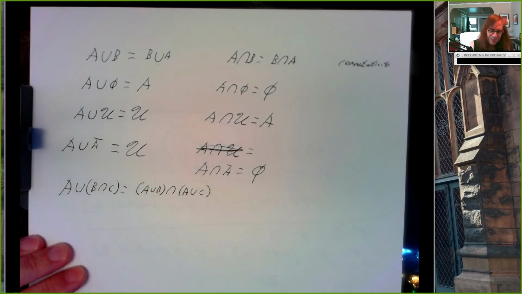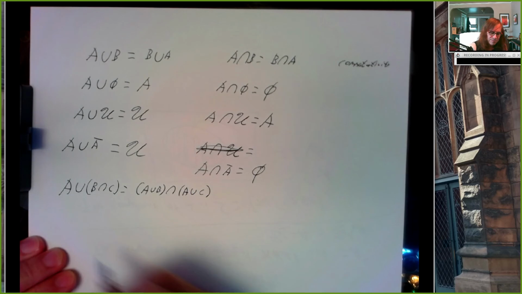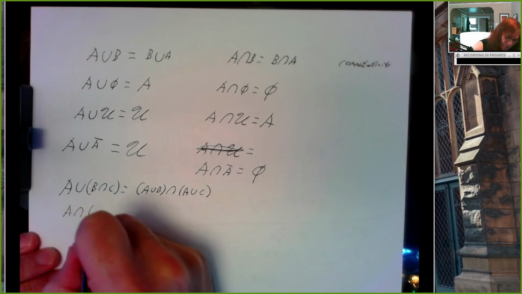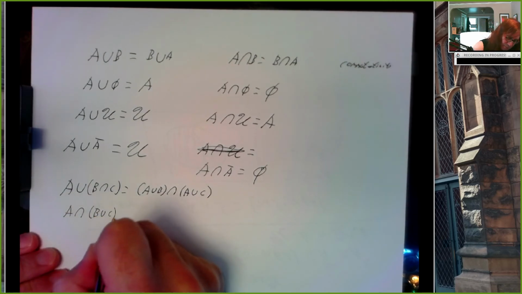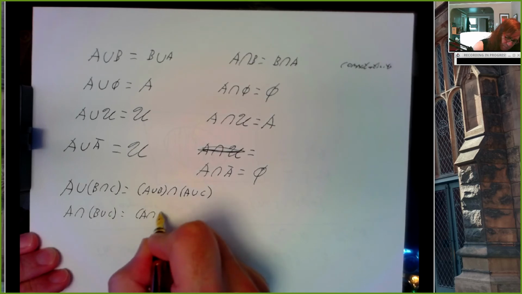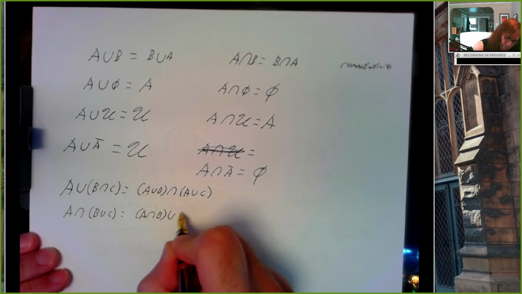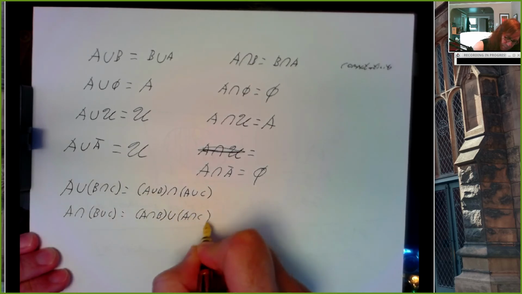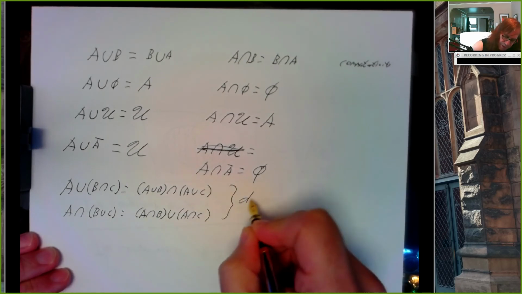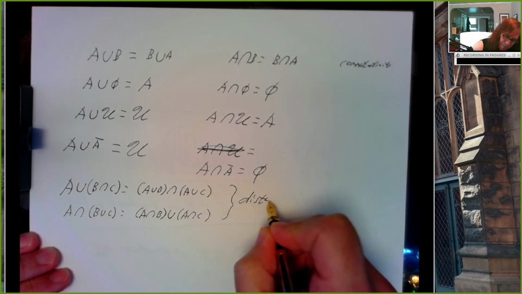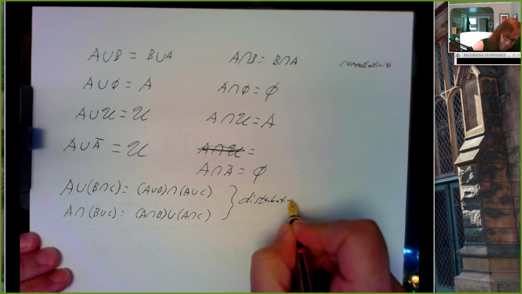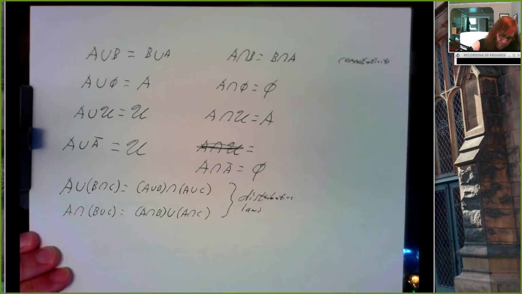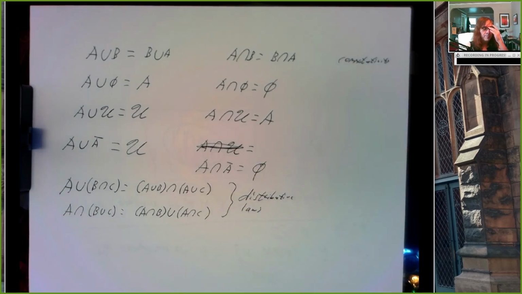This will also turn out to be true, and this will turn out to be true. These are distributive laws. Does any of this look familiar to anybody?